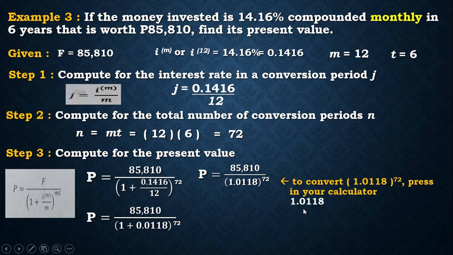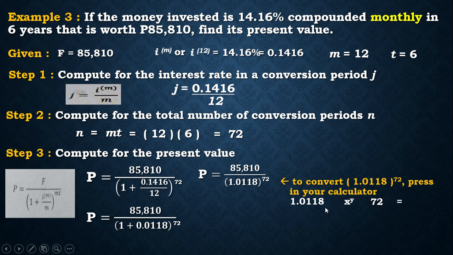Una, 1.0118. Pindutin po natin yan. Sumunod yung ganitong symbol. Again, meron pang ibang symbol na pwede natin magamit for the to convert 1.0118 raised to 72. Ang sumunod pa rito, ang pipindutin po natin ay ang 72 na exponent. Tapos equal sign.